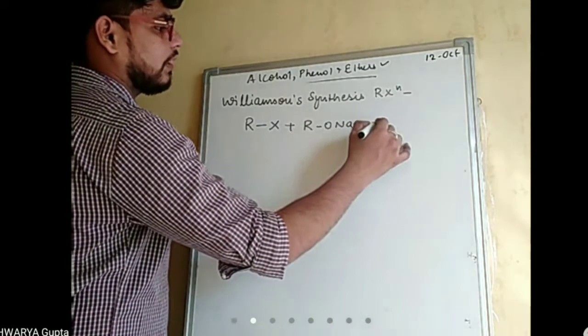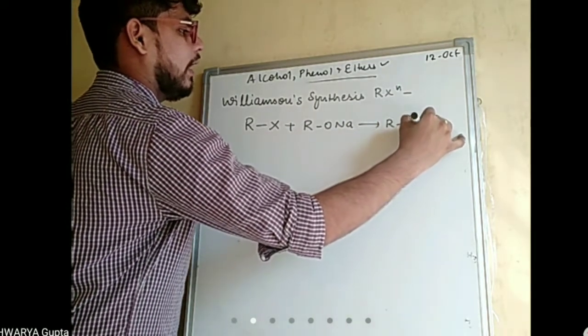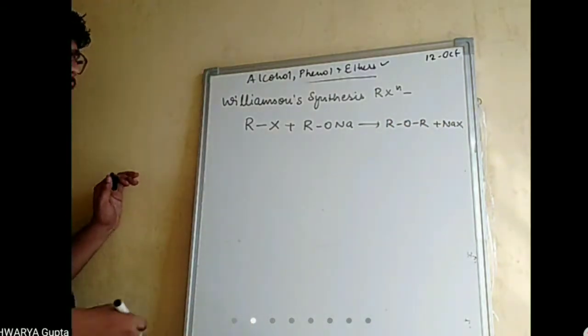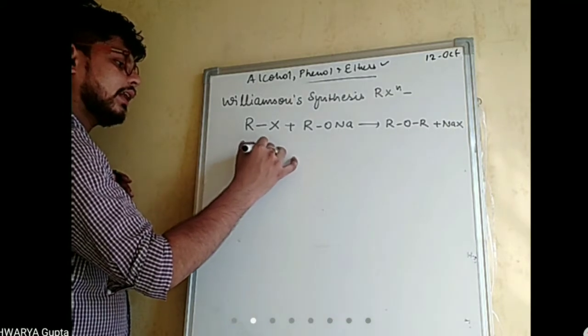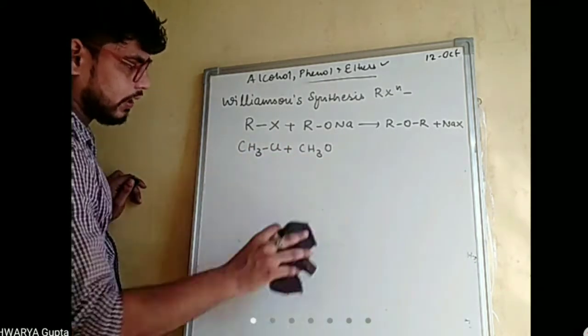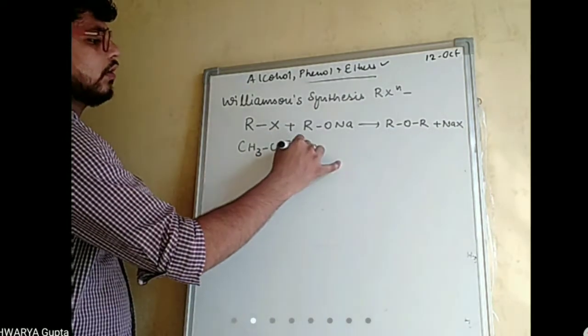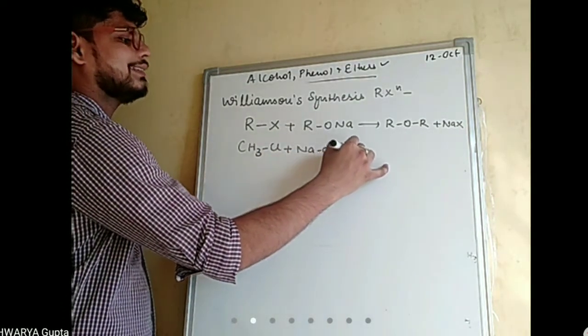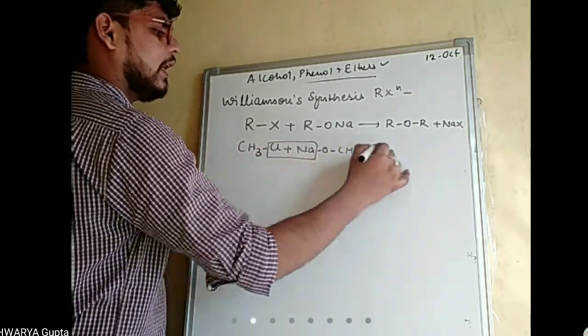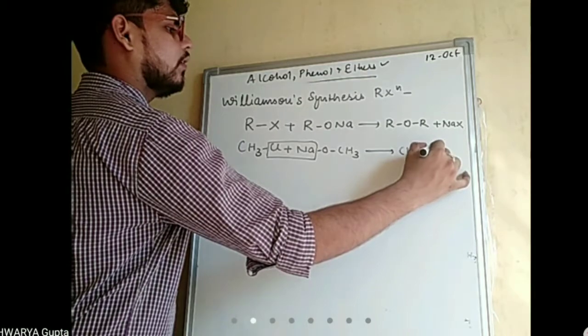There will be just removal of NaX and formation of ROR, that is ether. Like you can take CH3Cl plus CH3ONa, better to write in this form, NaOCH3. It will form NaCl and CH3OCH3.